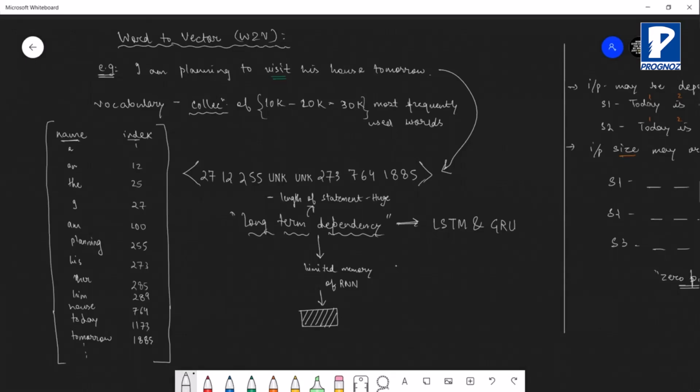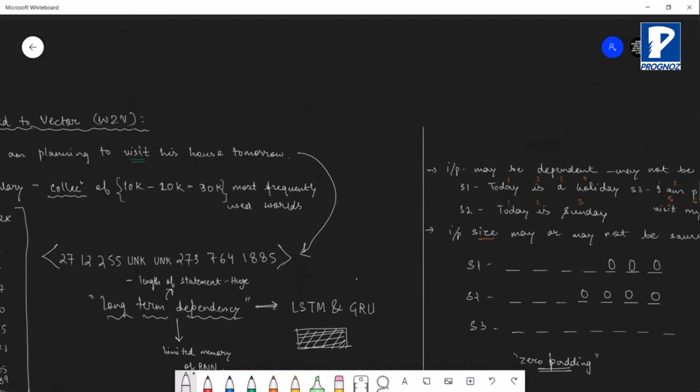LSTM stands for long short-term memory and GRU stands for gated recurrent unit. ठीक है. तो instead of using conventional RNN cell, what we will do is we will be using LSTM cells here or GRU cells. इसको use करेंगे हम लोग. क्या benefit होगा? That is something which we are going to understand. Fine. So let us try to understand that aspect here.